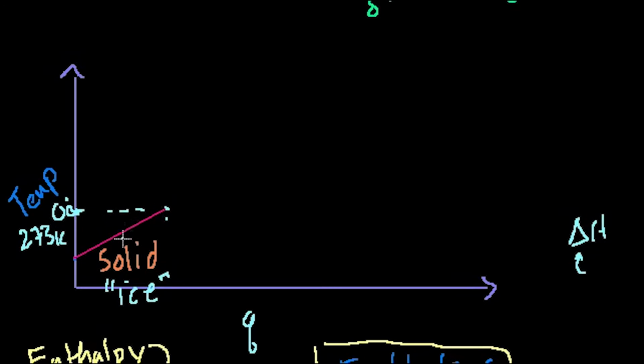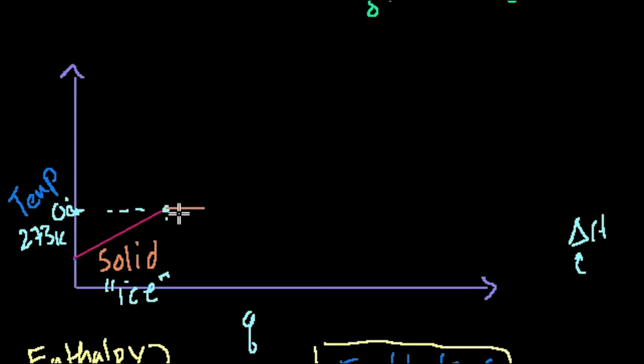But an interesting thing that happens is, at 0 degrees, depending on what direction you're going, either the freezing point of water or the melting point of ice, something interesting happens. As I add more heat, the temperature does not go up for a little period. Let me draw that.